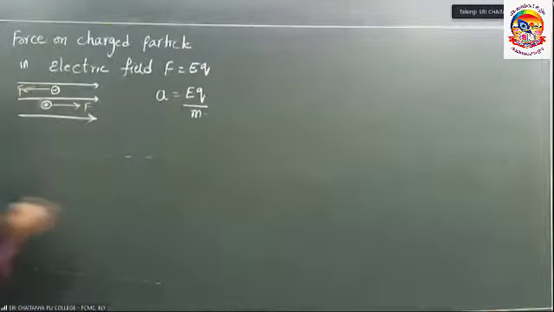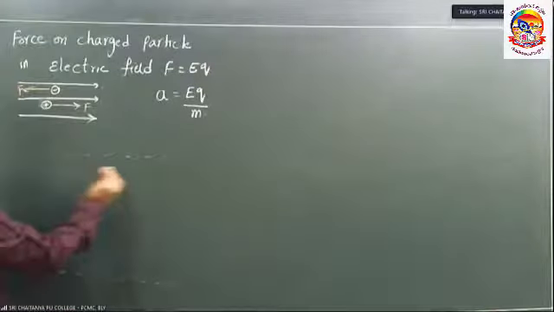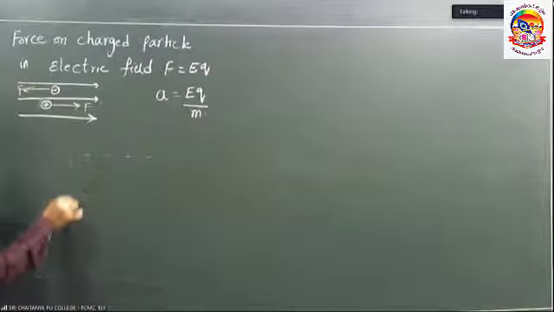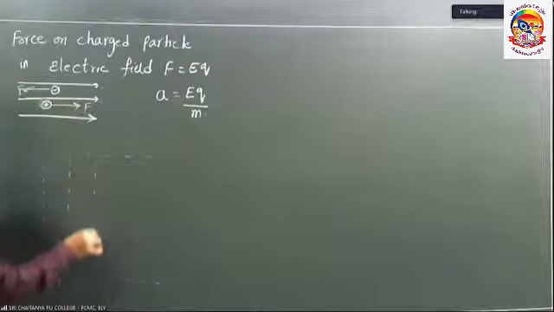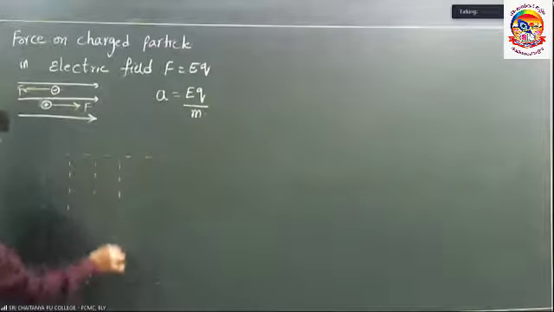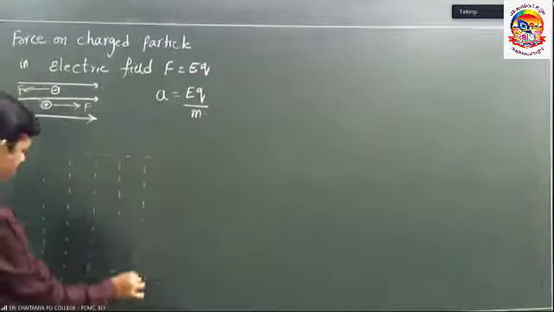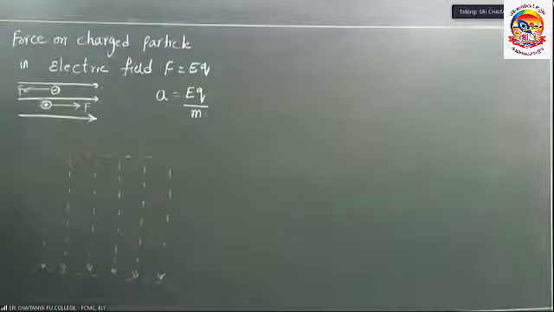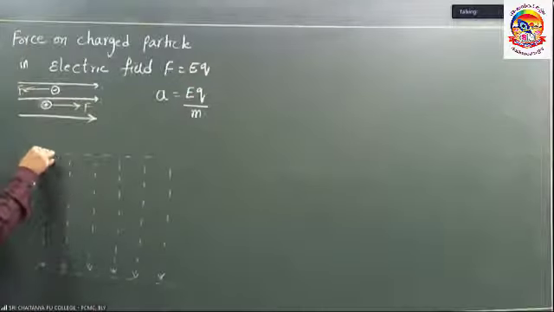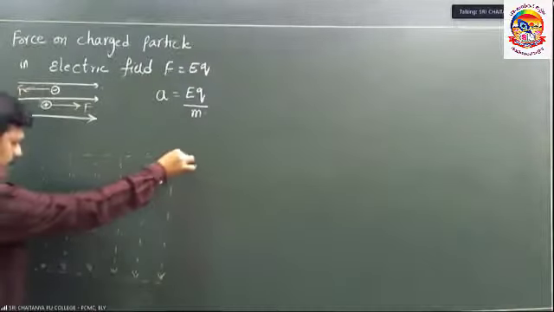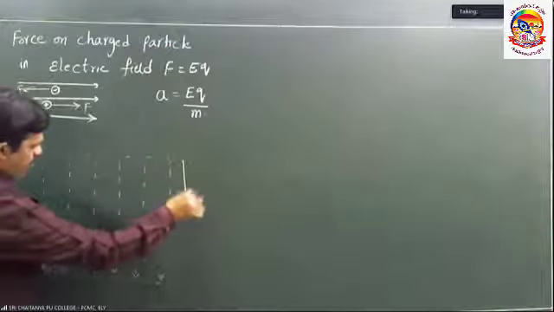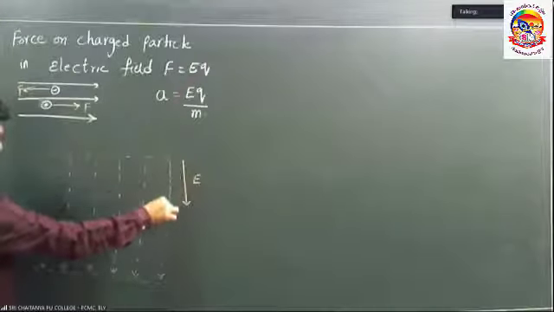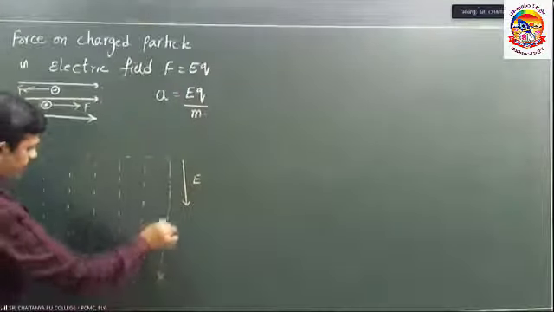The field is in this region, from here to here. Field is like this. If you observe the arrows, the field direction is downward.